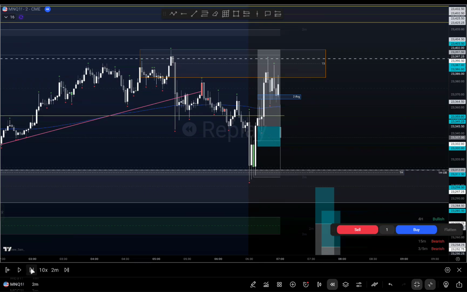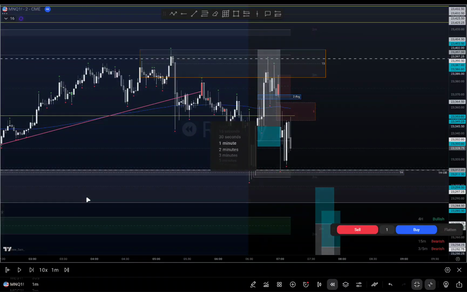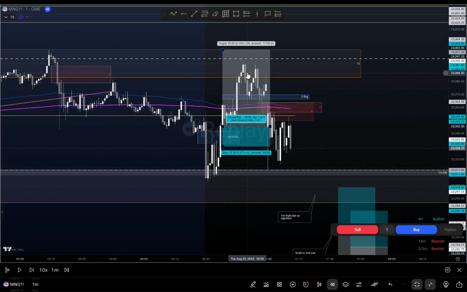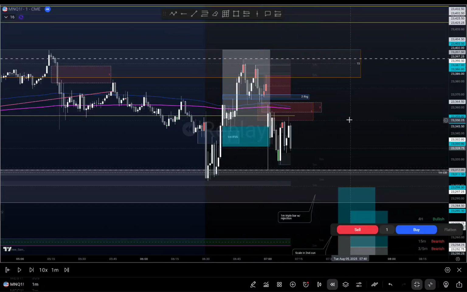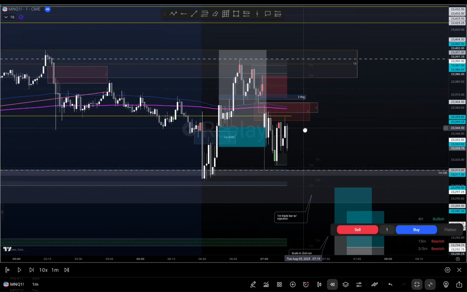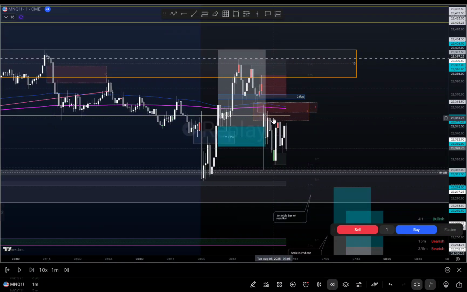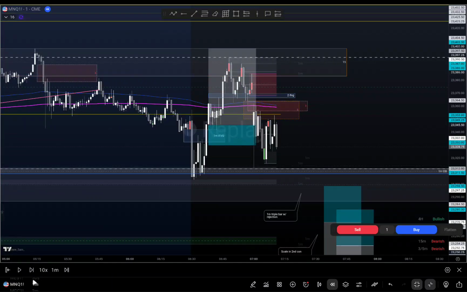Now this is a 7 o'clock news. So price came up, down. And so at this point now, I know that it's going down, and it now presents a 5-minute. 5-minute is where I can enter knowing that the big move has happened, the manipulation has occurred to the upside, and now we know it's going down. So what I'm looking for here is another entry signal from this 5-minute, which I couldn't find. So what am I looking for?